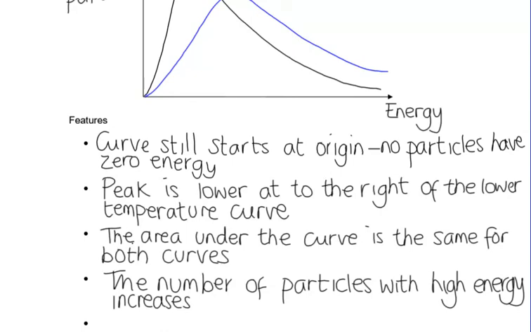Well, if we mark on our activation energy and shade it in, and if it stays in the same place and we shade that in, look how many, it's almost like doubling there, the area under the curve with energy greater than the activation energy. So many more collisions are going to be successful.